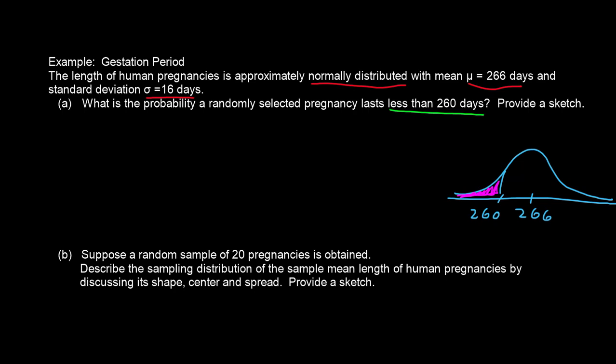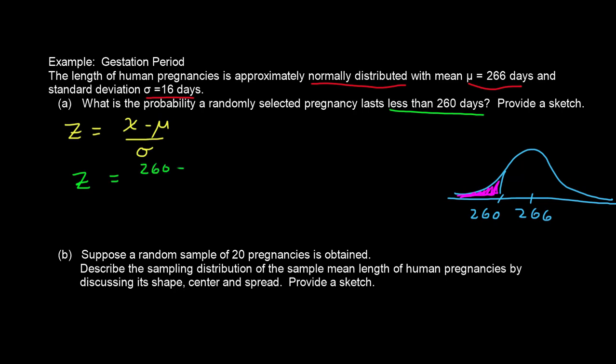So the basic z-score formula here is x, particular value of pregnancy length, minus the mean pregnancy length, divided by standard deviation. So we are given all this info, so let's put it to use. Z, our particular pregnancy length, x, was 260.